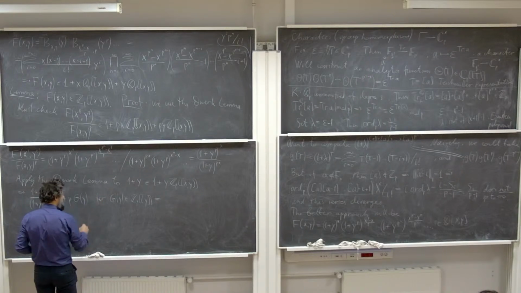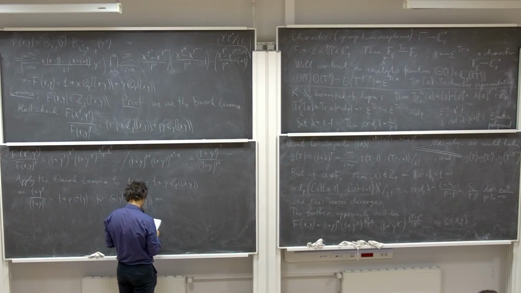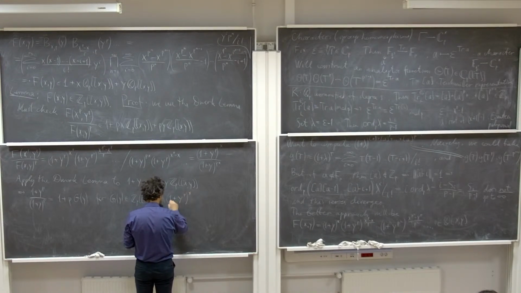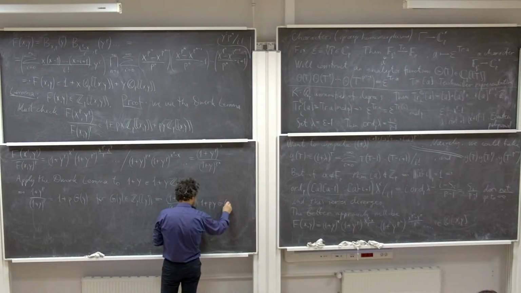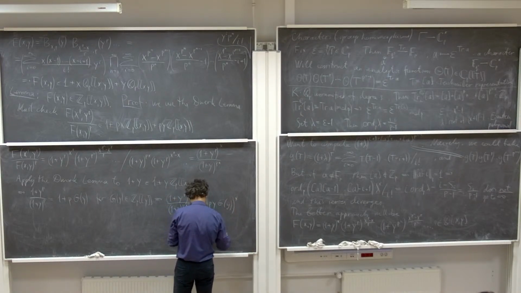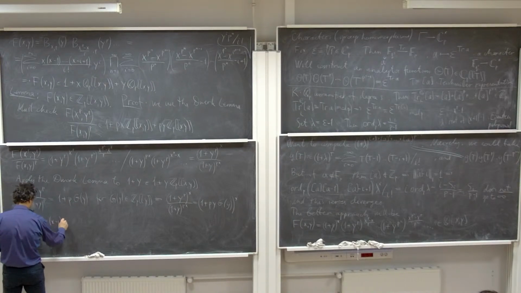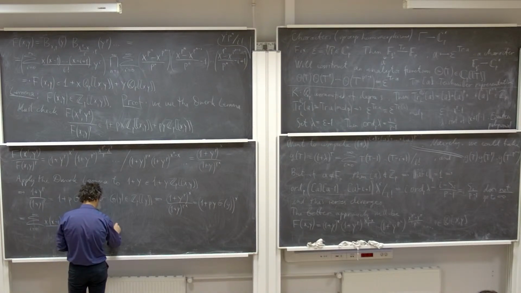Okay, so where are we? We know that there is some function g with integral coefficients, and hence 1 plus y to the p to the x over 1 plus y to the power px is 1 plus p y g of y, to the power x, and this is equal to the sum over all positive integers of x times x minus 1, and so on, x minus i plus 1 over i factorial, and has coefficients divisible by p.